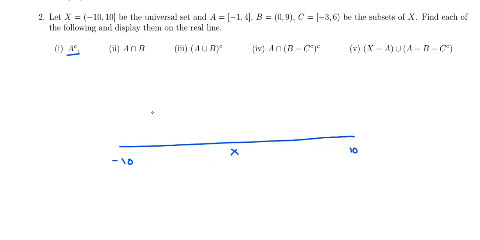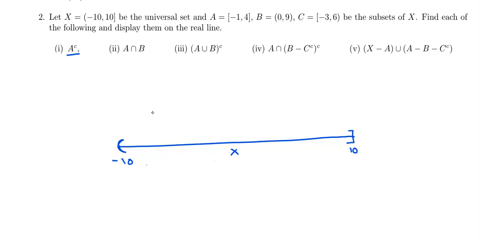You need to include this. Let me just use the circles instead of the brackets. So I'm going to use this circle to show that it's not included, and here to show that it is included.